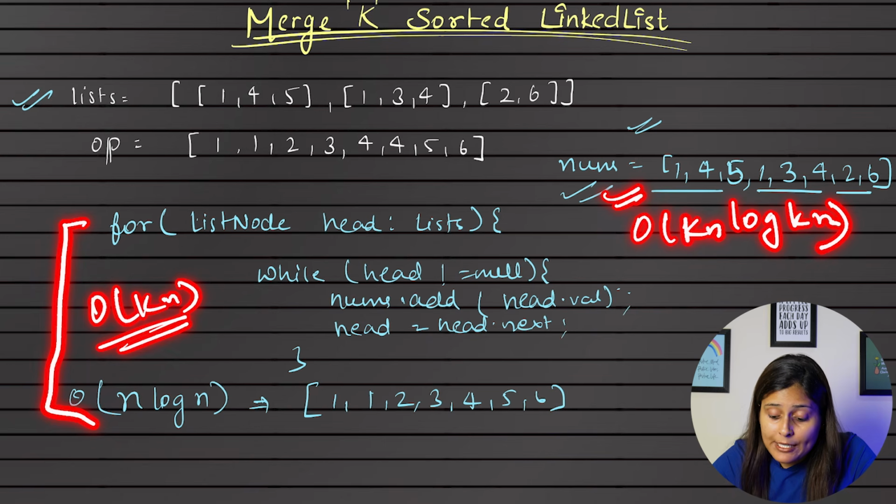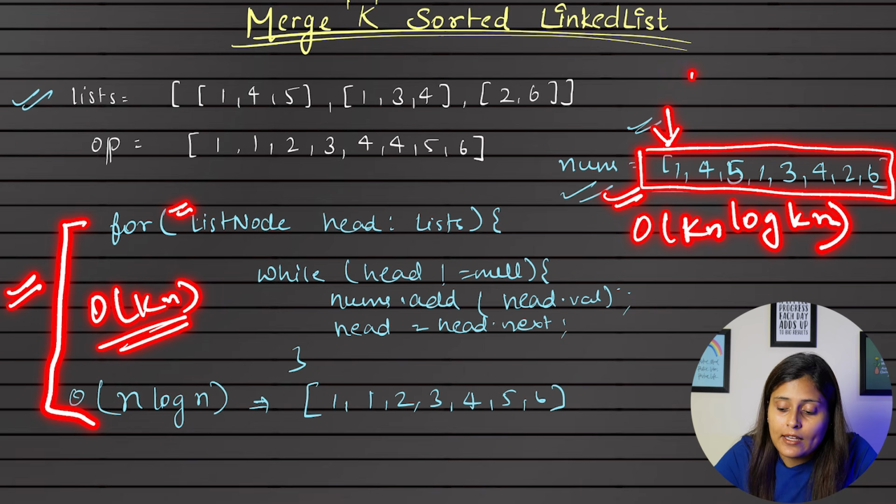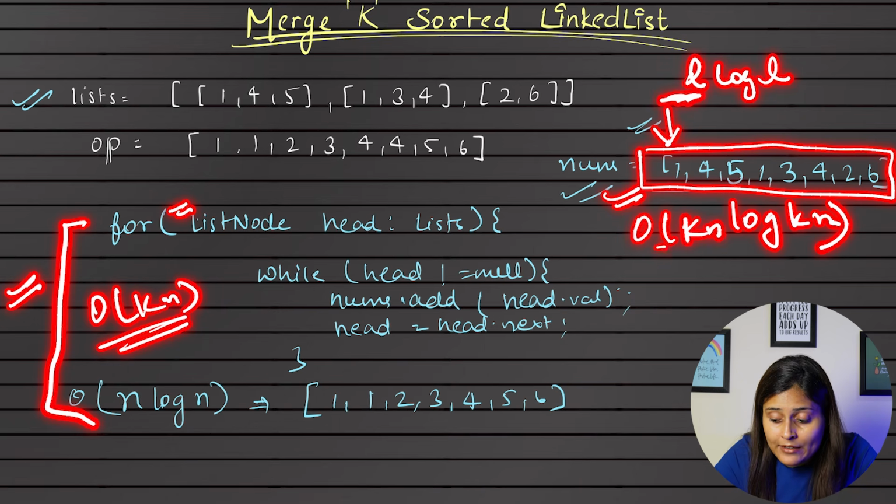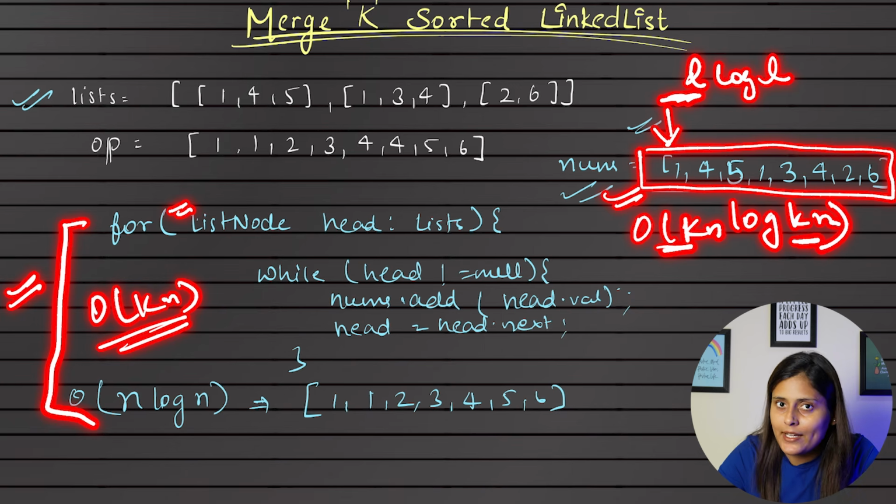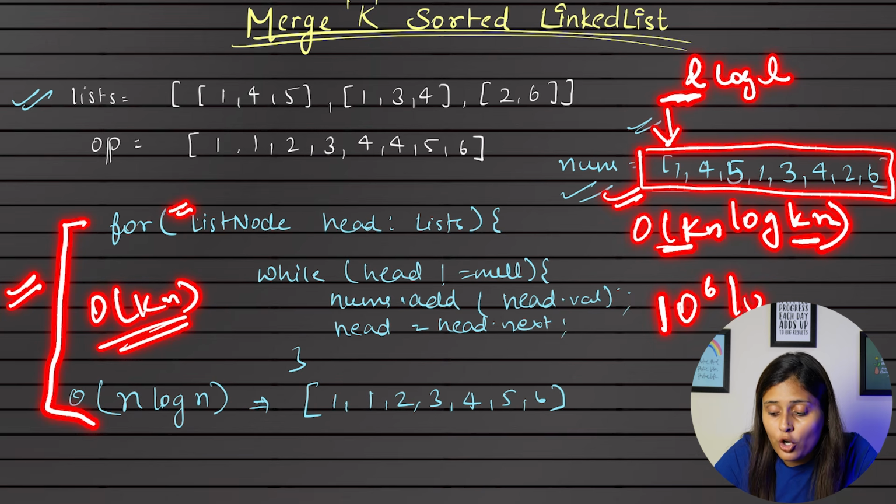Why? Because O of kn to insert all the values one by one. Now to sort any array of length, let's say L, it takes L log L, remember? Now L is nothing but kn. So kn log kn, correct? So that's why the time complexity will be 10 power 6 log 10 power 6 base 2.